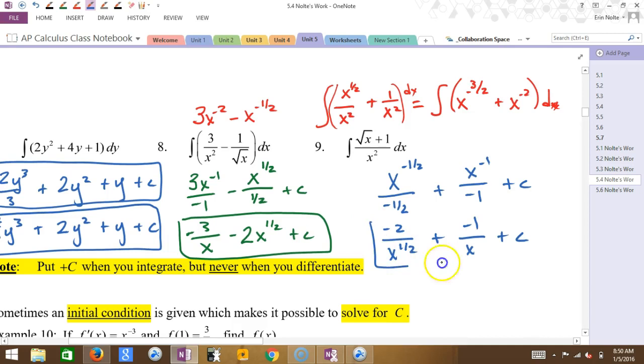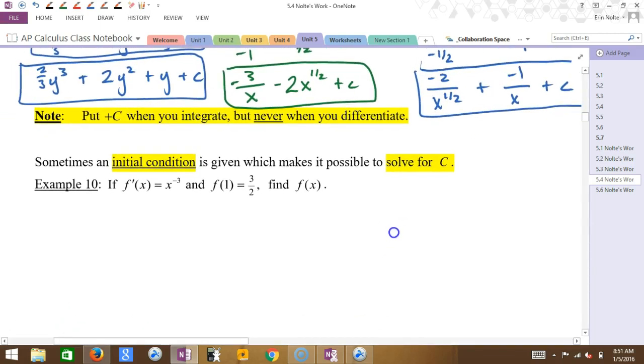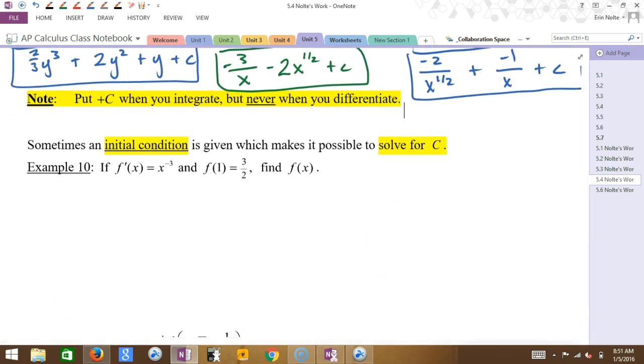Okay, so I will tell you the hardest part of integration is fractions. So we good there? Okay, so we talked about the c part. They have that highlighted, so just don't forget plus c when you integrate.